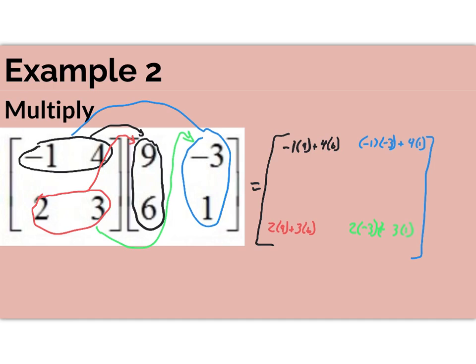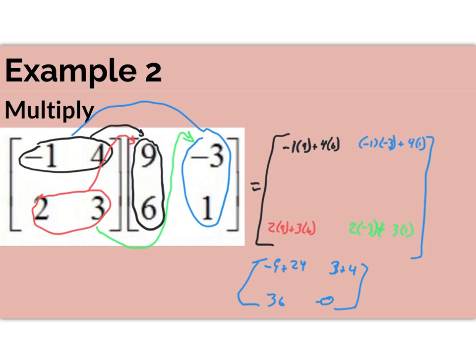Okay, so doing the math on all of this. -9 plus 24, 1 times 3 is 3, plus 4, 18 plus 18 is 36, and then 2 times -3 is -6 plus 3 is -3.